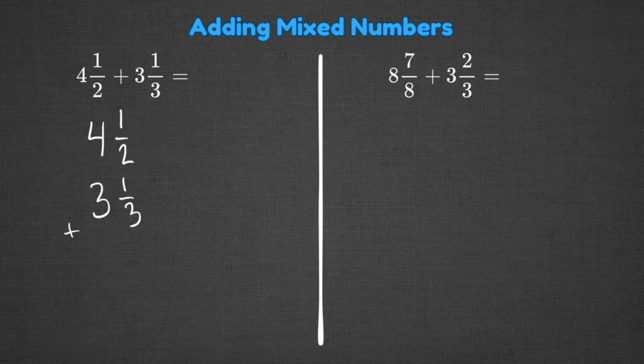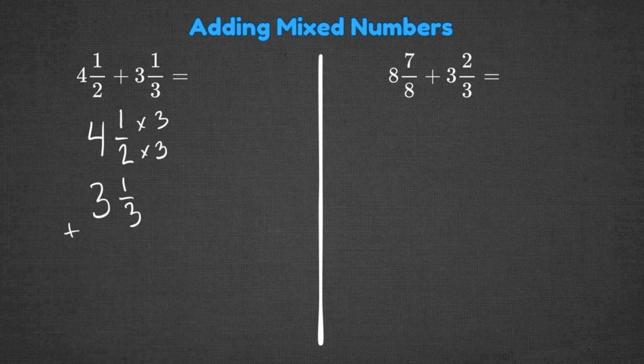Okay, and now we're going to turn our halves and our thirds into something that we can compare, which halves and thirds cannot. We can look at this and ask, what's a common denominator I can get with 2 and 3? Well, if I think about their multiples, I'm going to multiply the 2 by 3 to get us to 6.